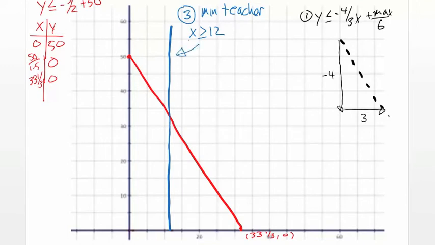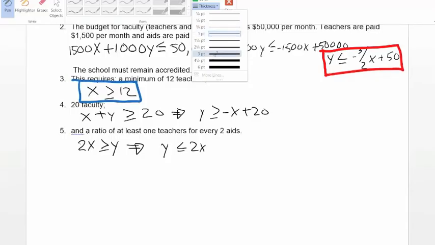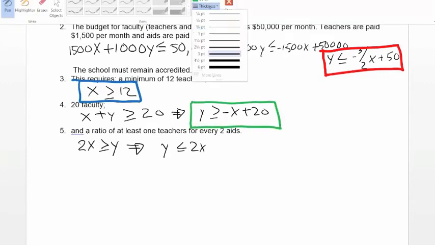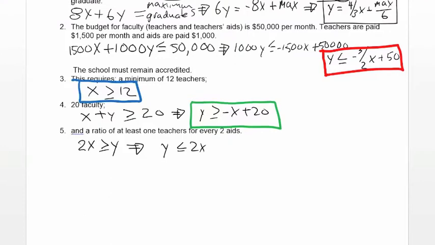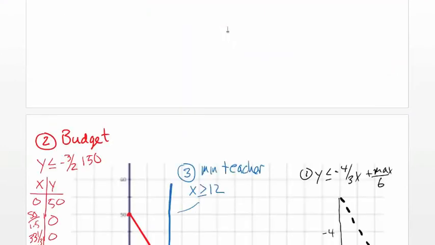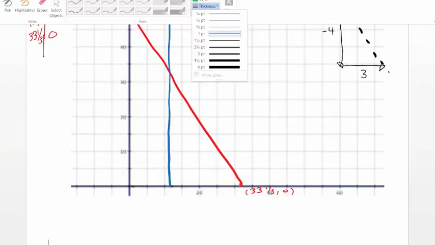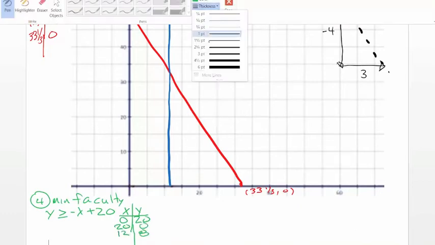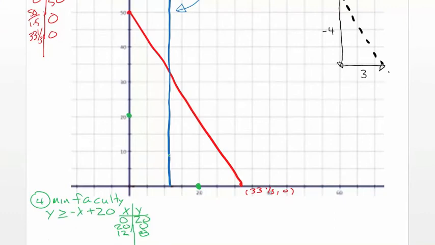The next constraint is the faculty constraint, which is y is larger than or equal to negative x plus 20. So when x is 0, y is 20, and when y is 0, x is 20. And let's plot the point where x is 12, because we'll need that later.